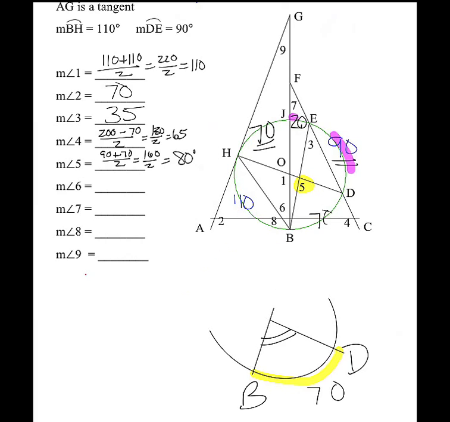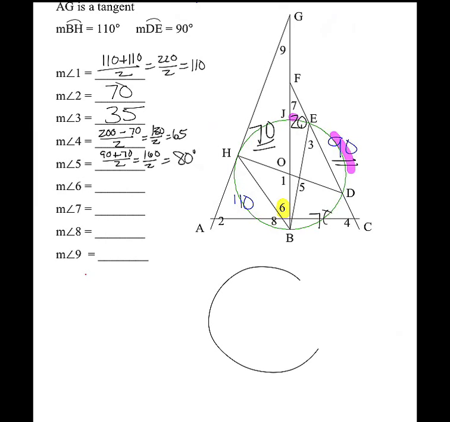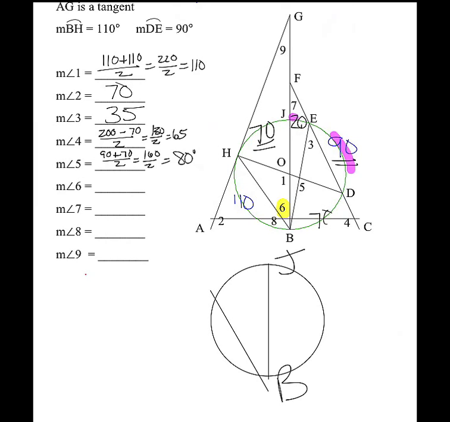Let's get rid of that. Draw ourselves a new picture. Angle 6, right down here. Let's draw the circle. Angle 6 is created by point G to B and from H to B. So from J to B to H. This is angle 6.